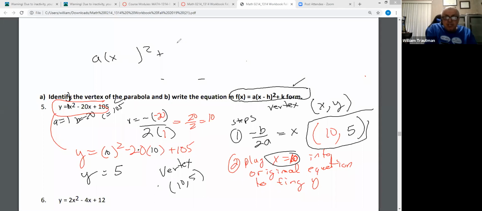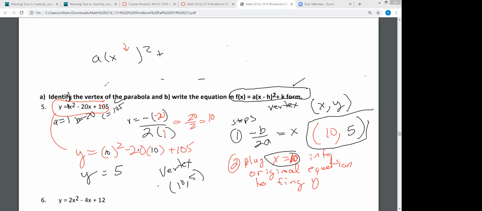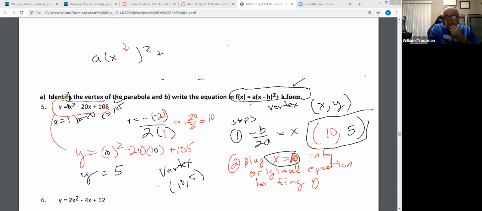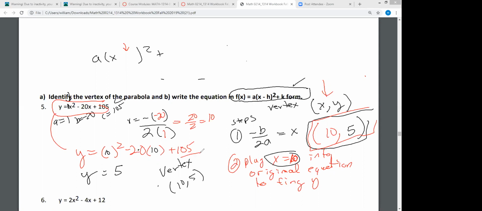Can somebody tell me what number goes here? 5? Not 5, but you're kind of on the right track. Remember, what's inside here is the x part of the vertex we just found. So it'll have to be 10 then.